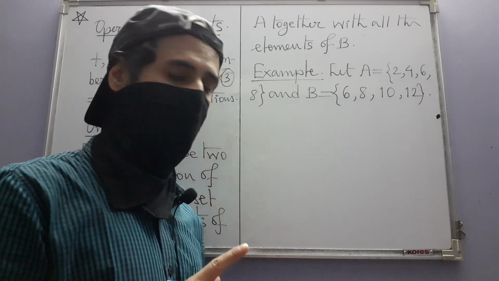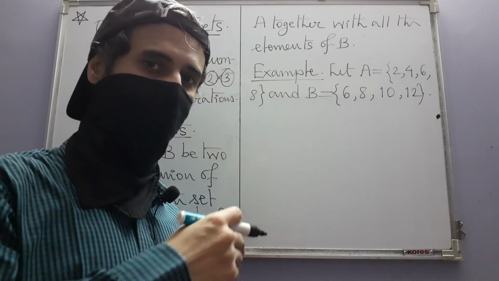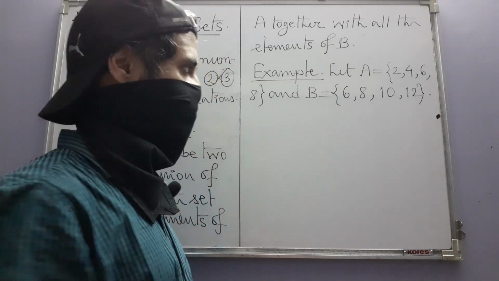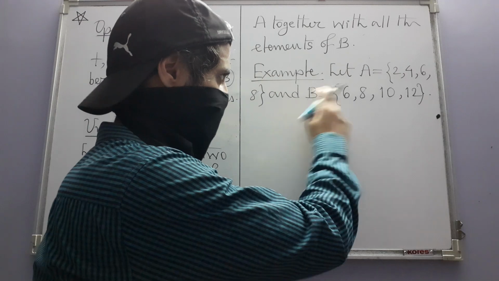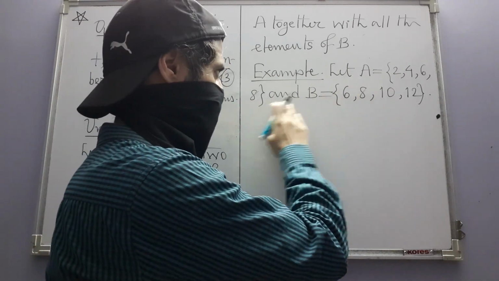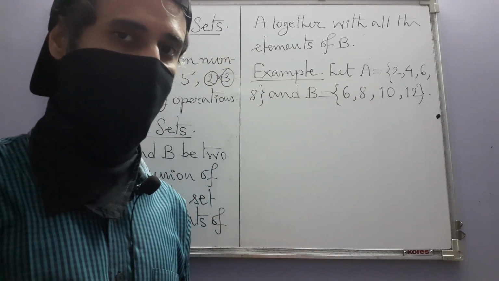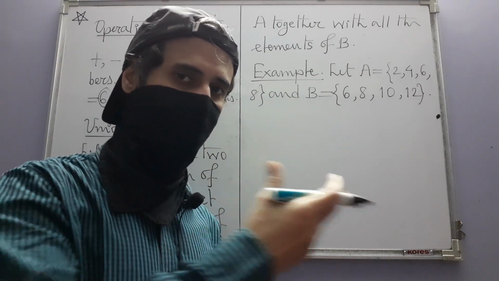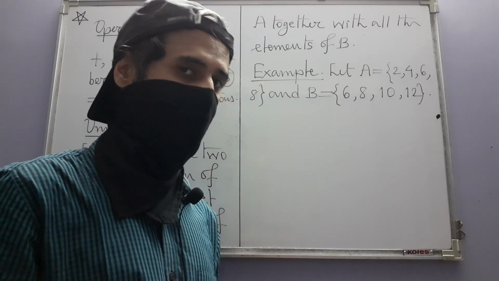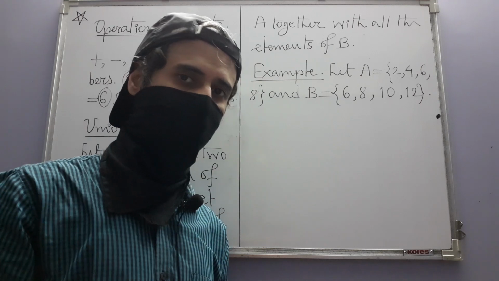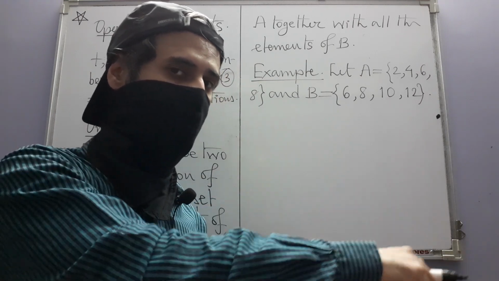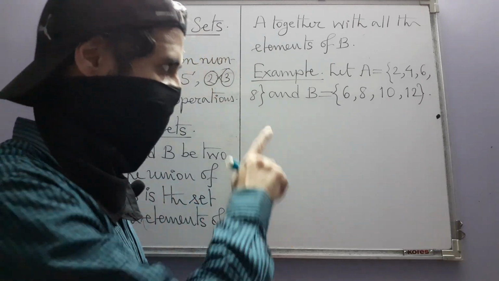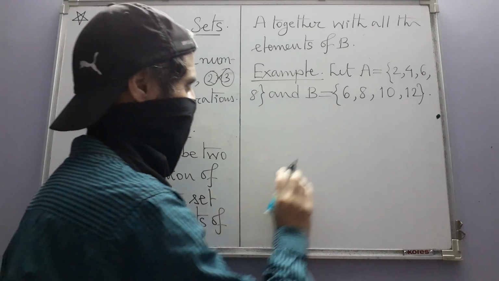Now, unlike the real world example of items in bags, in sets, however, you can have the same element in two sets. That is possible. That, however, is not possible with two bags. Say, if you have one item in one bag, it cannot simultaneously be in the other bag as well. But for sets, we have that situation.